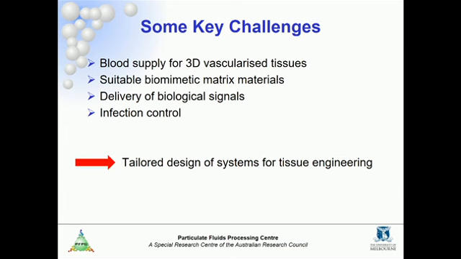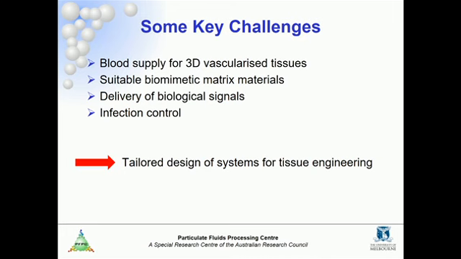We need a blood supply for three-dimensional vascularized tissues. We need suitable biomimetic matrix materials, so we need to pick good biomaterials that will help our cells to grow and do what we want. We want to deliver the right kinds of signals, physical and chemical, biochemical signals to our cells, and we also want to avoid infection.